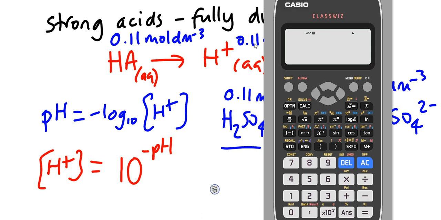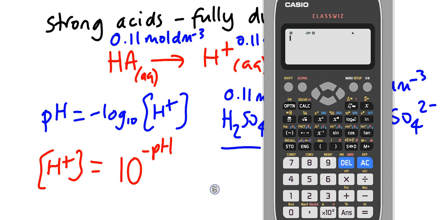So here I've got my calculator. Let's imagine that the pH of our solution is 3. So what would the H plus concentration be? Well, if I find my log button on my calculator around here, in order to calculate hydrogen concentration, we're looking for this function here, 10 to the power of.